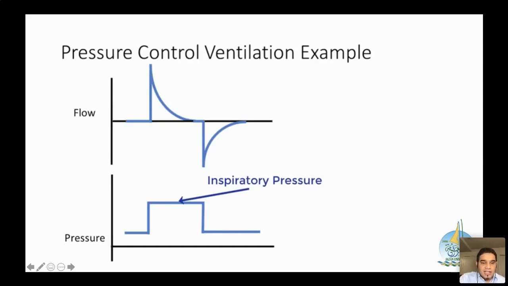But as long as the lung pressure is maintained, the flow will slightly start going down because you are achieving the pressure that you already set on the machine. And that's the most important difference between pressure control and volume control.